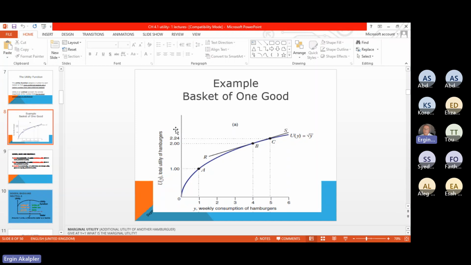With this utility function, the weekly consumption increases from A to B to C. There is a ranking and an increasing consumption between A, B, and C: A is less than B, and B is less than C.